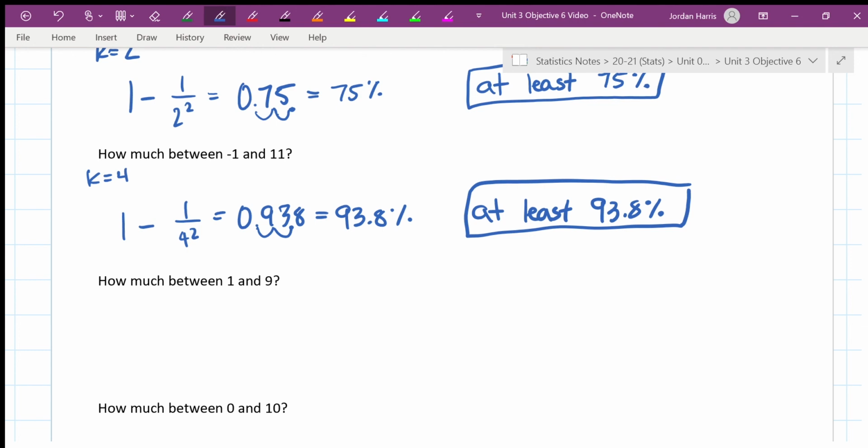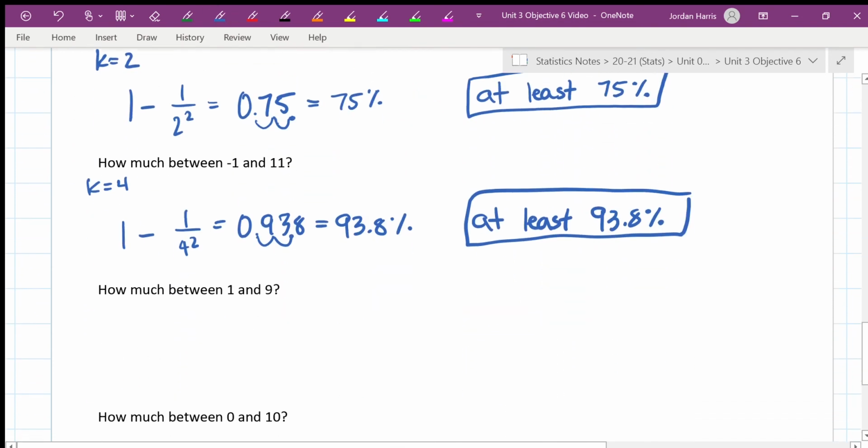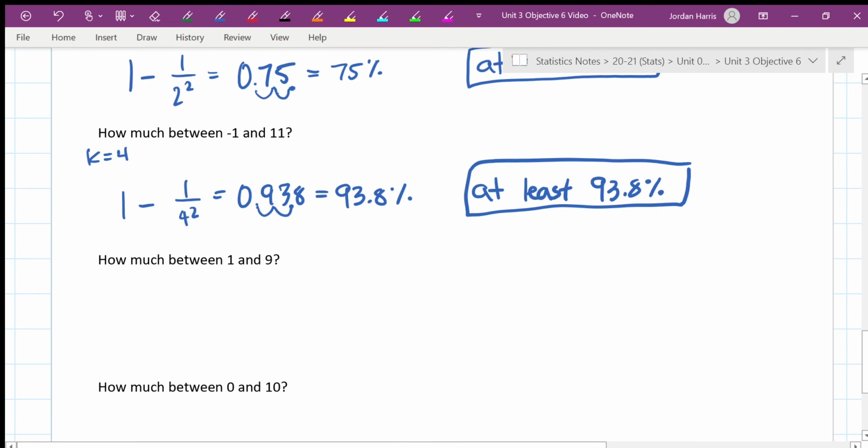How much between 1 and 9? You'll notice a problem. 1 and 9 are not these steps. So we have to use one of them. It doesn't matter which one. I usually like to go the higher one because I'm dealing with positive numbers. And I have to use the z-score formula.